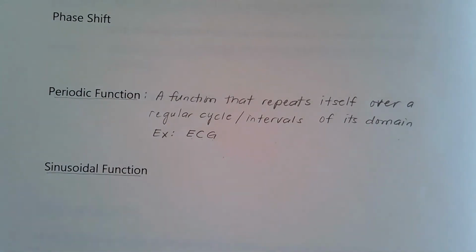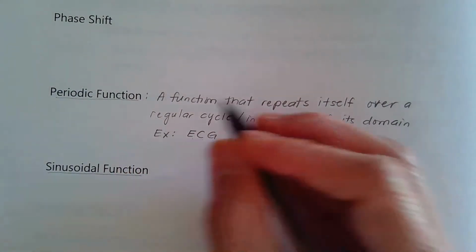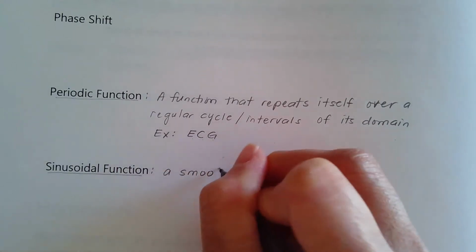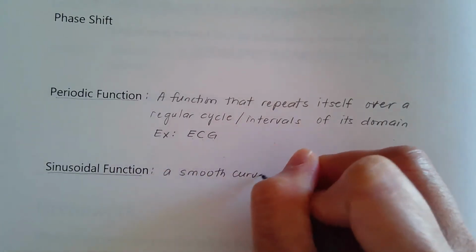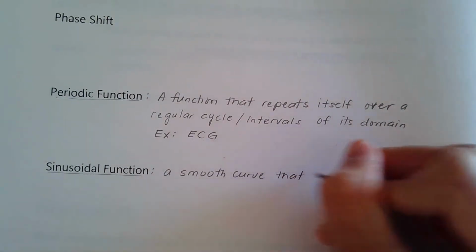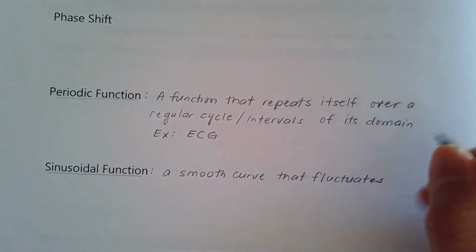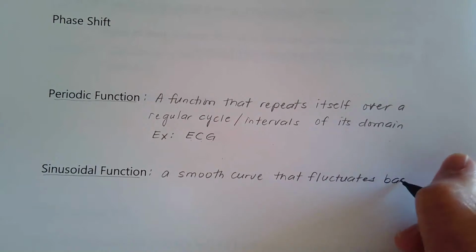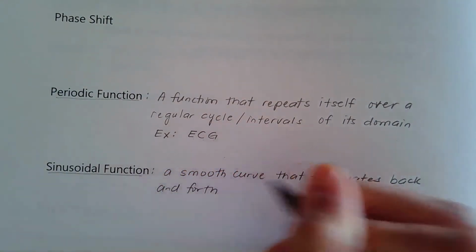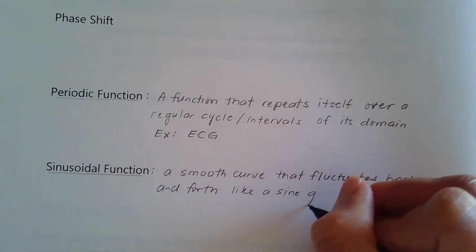A sinusoidal function is the same thing as a periodic function. It is a smooth curve, and I had to include the word smooth, that fluctuates back and forth like a sine graph, which we will talk about today.